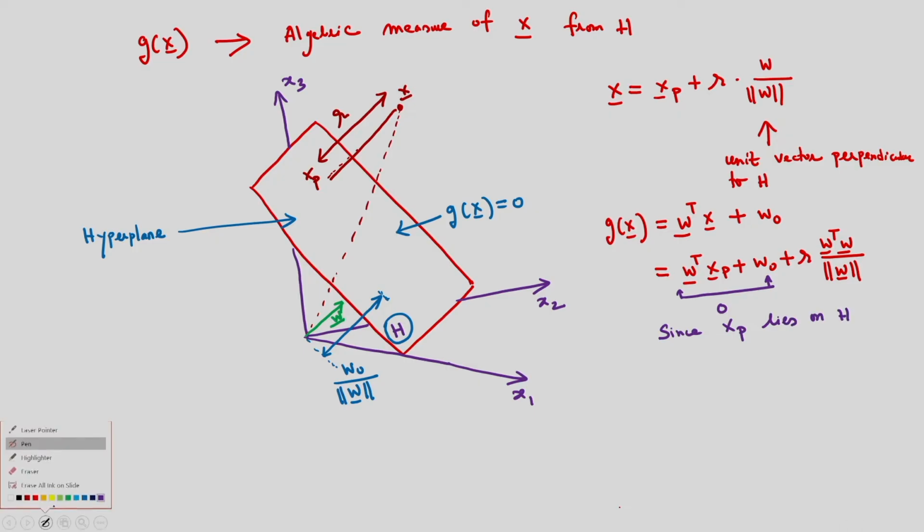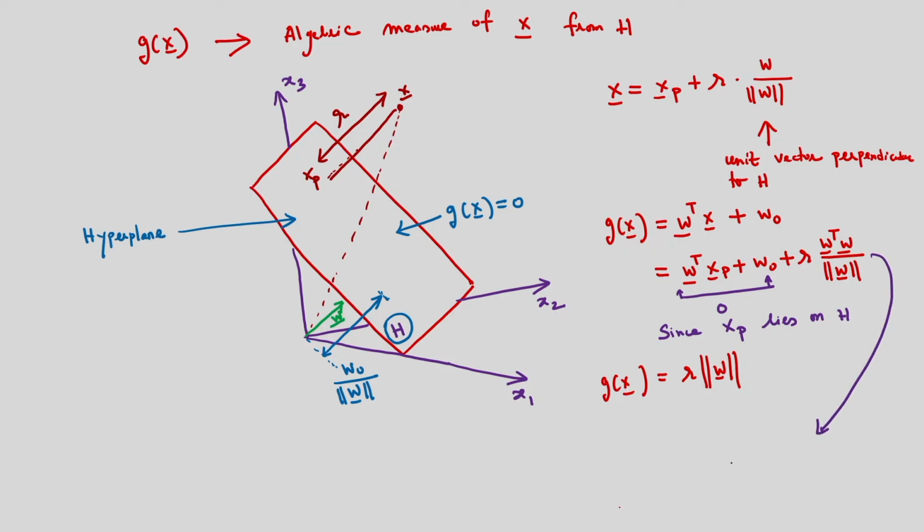So now this Gx we can write like this: Gx is equal to R W norm. From the previous equation I can write like this, because W transpose W is nothing but W norm square. So if I put this value, then I will be getting Gx equal to R W norm.